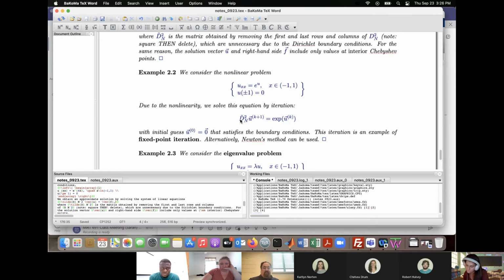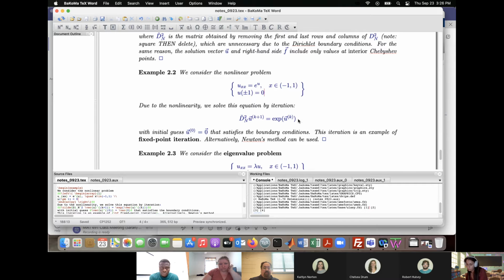So the left side is the same setup as before, where you form dn, you square it, and remove the first and last rows and columns because we have the same boundary conditions as before, 0 on the boundary. And then your right-hand side will be e to the u, but you set up an iteration. You can choose an initial guess like u equals 0, because that satisfies the boundary conditions, and perform an iteration.